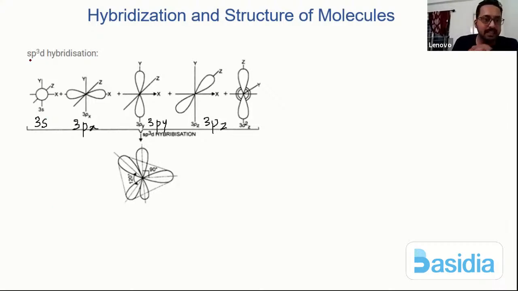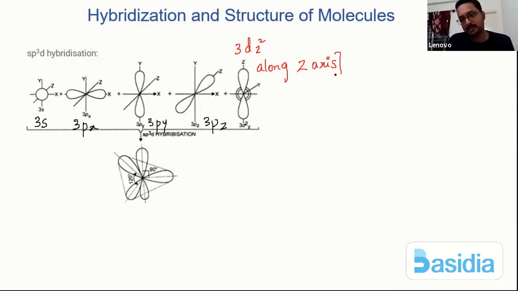When you check the sp3d hybridization, you will find that the 3dz square orbital is involved in the hybridization because it is present along the z axis. So that is very, very important.